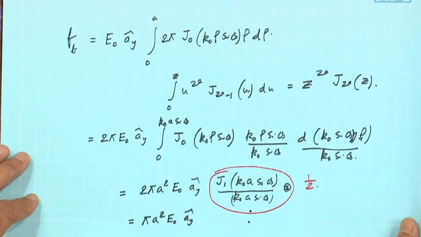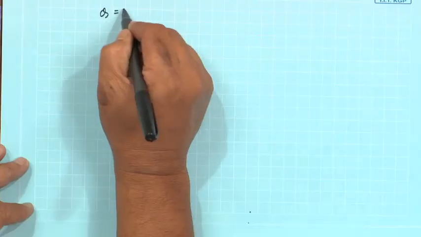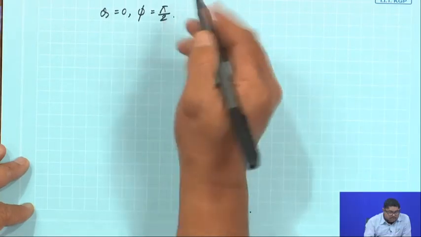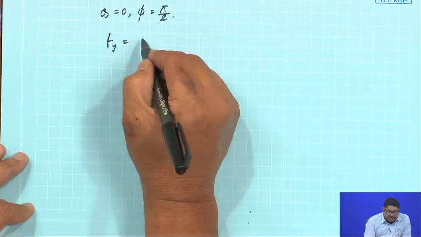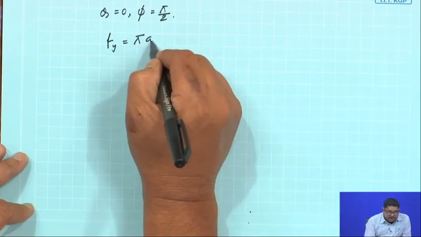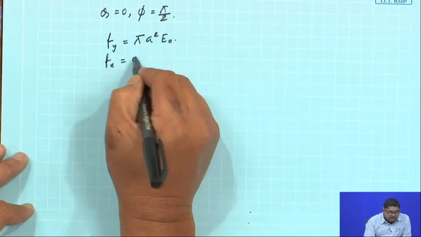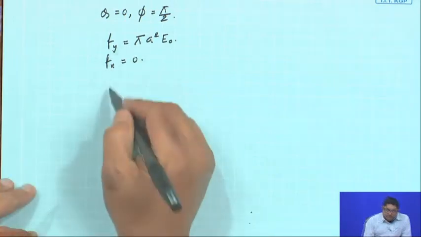On the z axis, the E plane pattern is theta equal to 0, phi equal to pi by 2. So we get f y will be pi a square E naught and f x is equal to 0. So we have f y and f x.